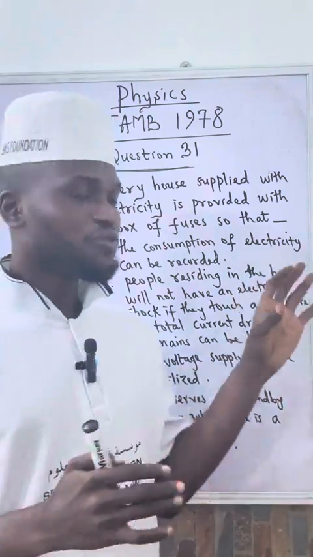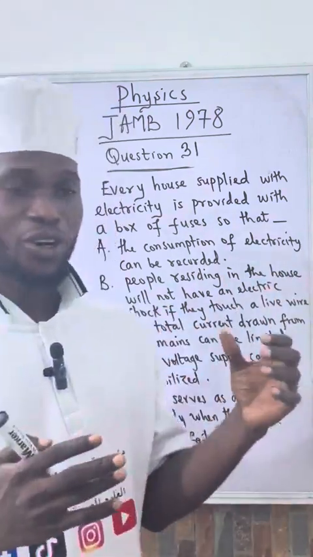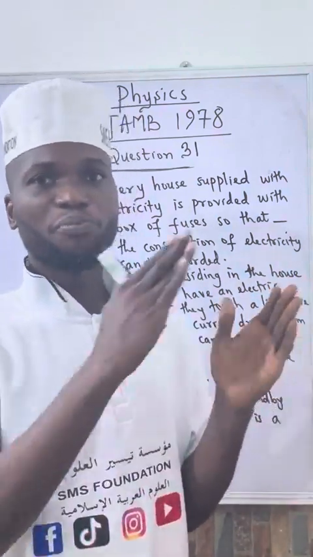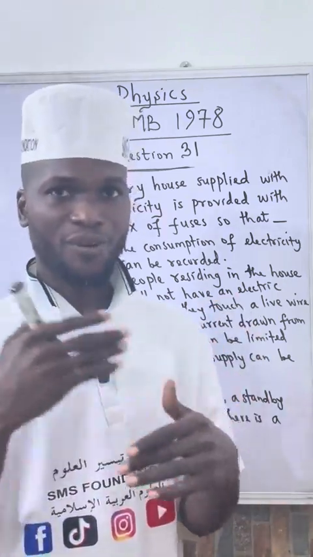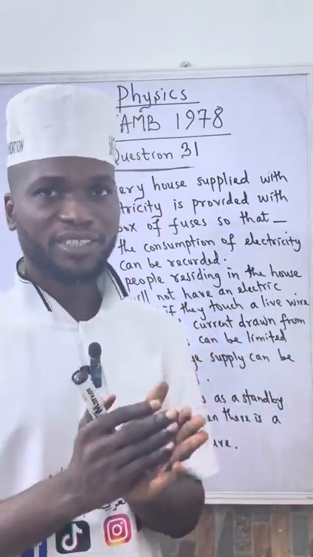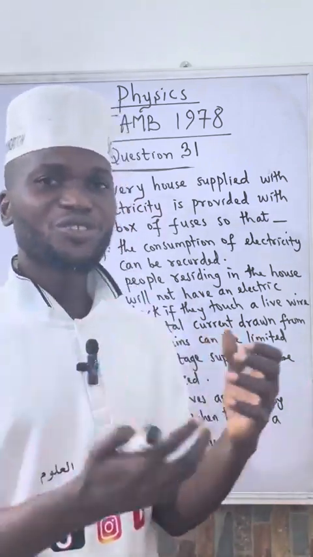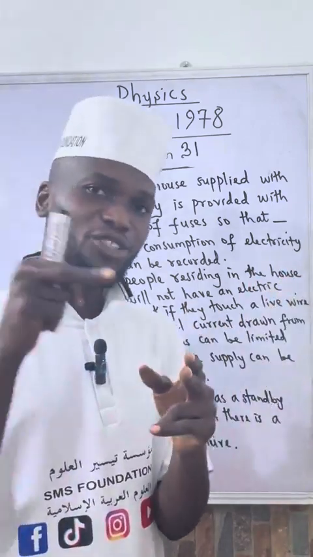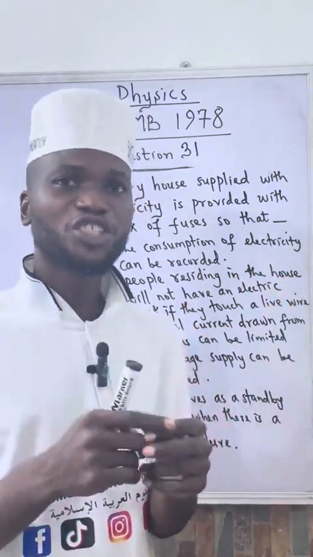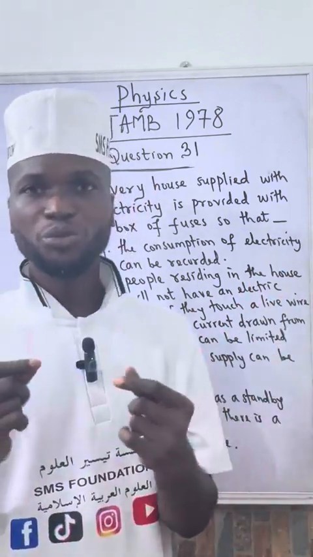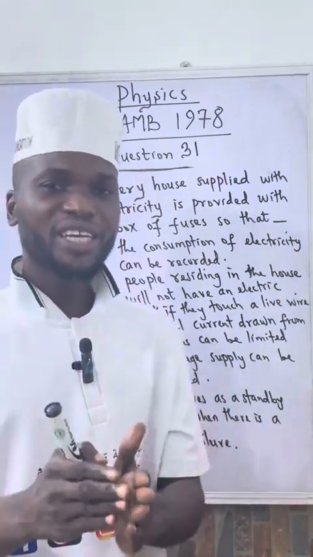So, from our meter, or from the mains, when a very high current that can spoil our devices, our home appliances, comes in, the current can cause damage to our electrical appliances at home. The function of the fuse is to break the circuit.